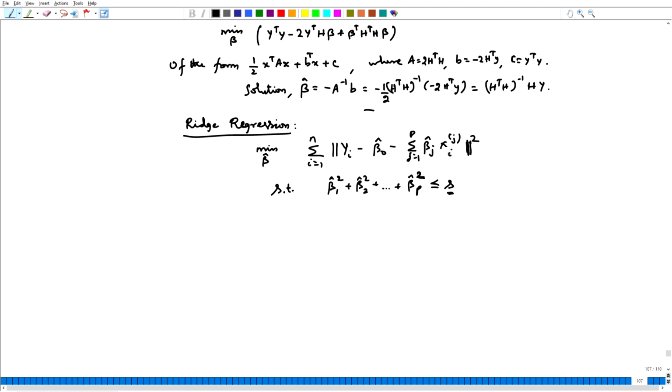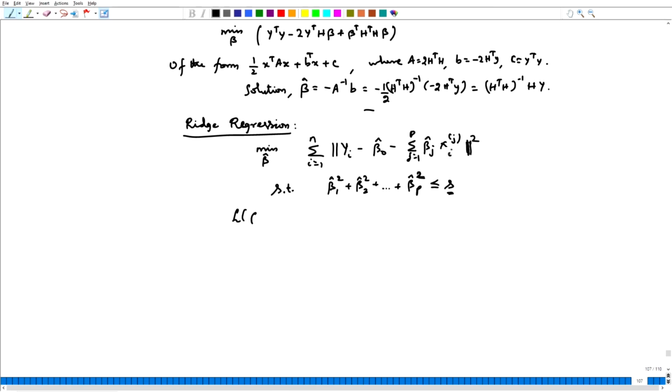This is one of the ways of solving the ridge regression problem. There is also an unconstrained way of solving it. Why is that? Because suppose you want to write the Lagrangian of this problem. What is the Lagrangian?